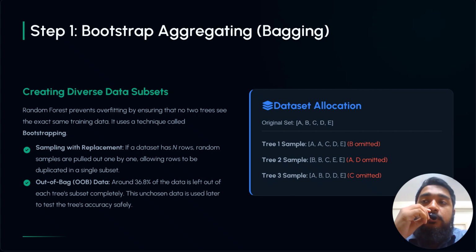It is done through a technique called bootstrapping. You can see in the example I've given the original dataset A, B, C, D, E. We then create three samples out of it. In the first one, we omitted B, then we replaced it with A. In the second one, we omitted A and D, replaced respectively with B and E. In the third one, we omitted C and replaced it with D.